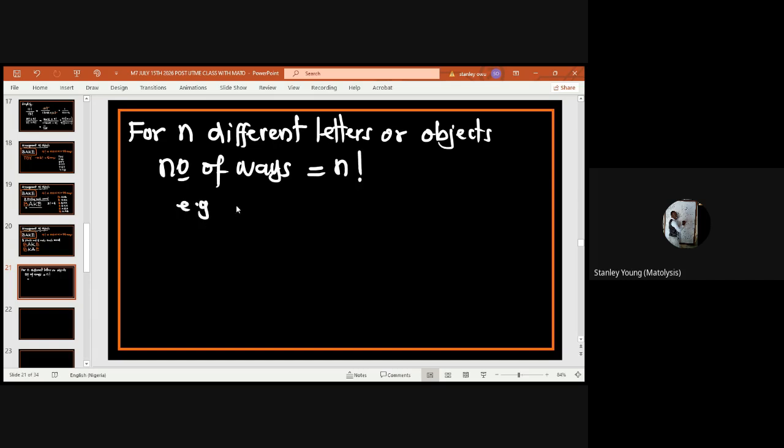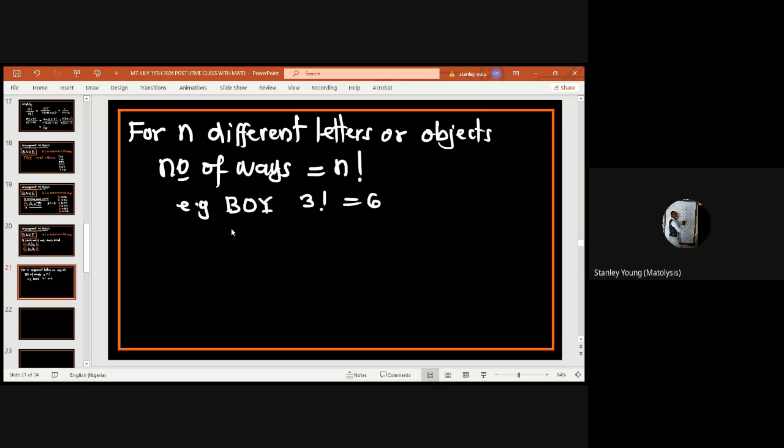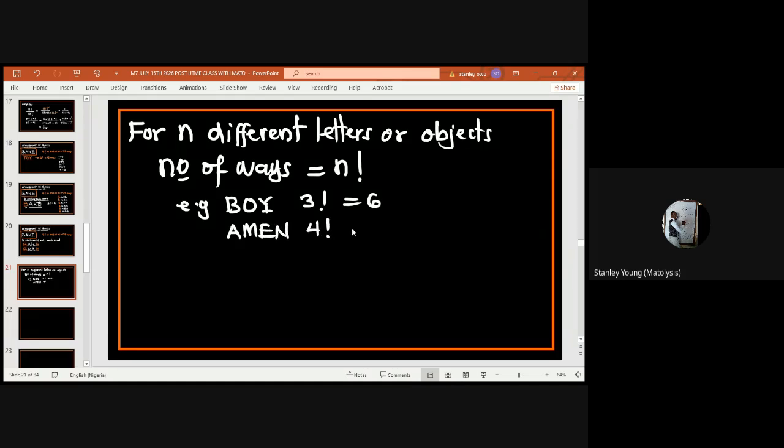For example, if I have boy, the answer is 3 factorial ways, which is 6. Let's say I have amen. The number of ways of arranging the letters in the word amen is 4 factorial. That's going to be 24 ways. Okay, so that's 1.